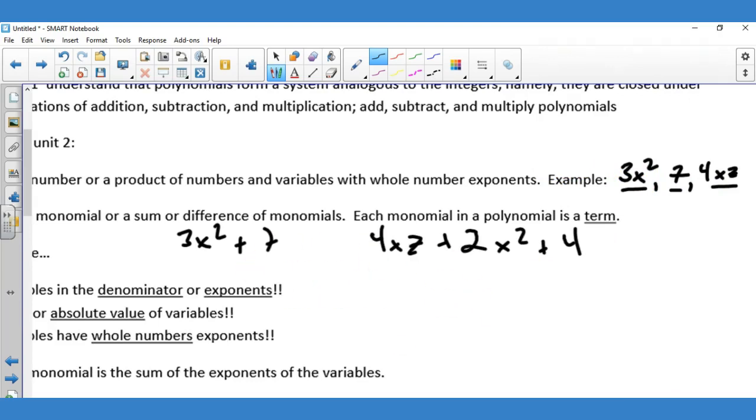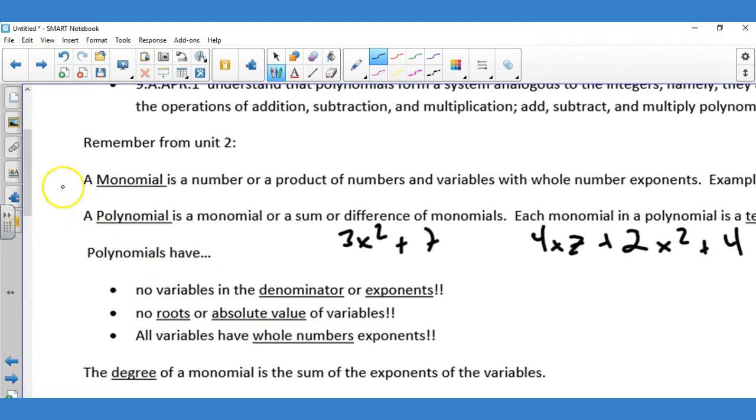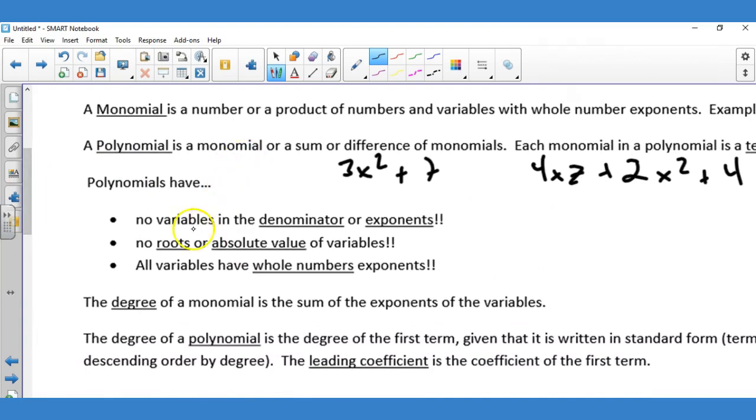Now, polynomials have no variables in the denominator, or variable exponents. So again, no variables in the denominator, meaning something like 2 over z. Or x to the y, or 2 to the x.